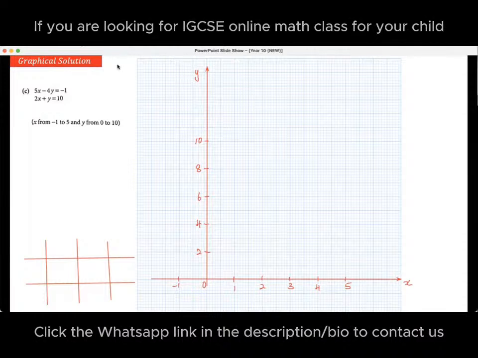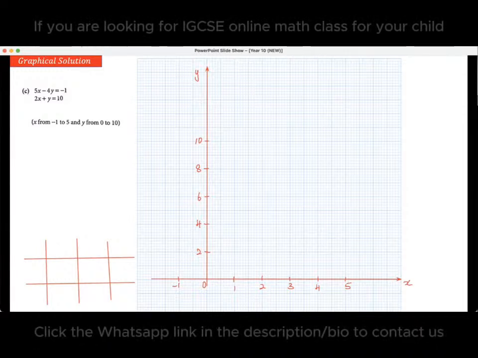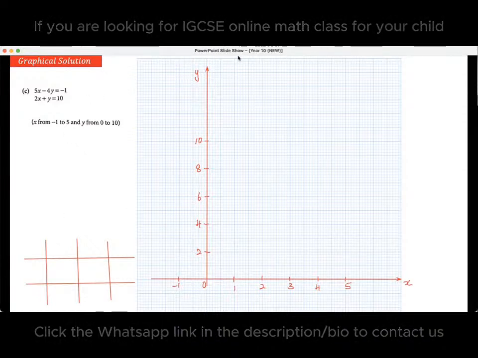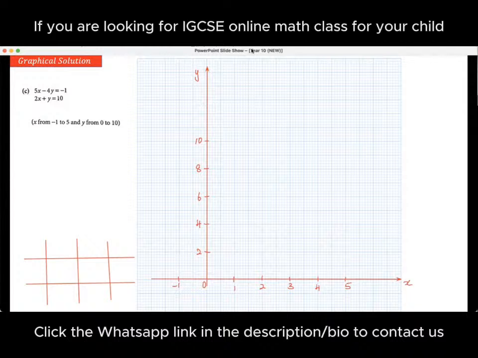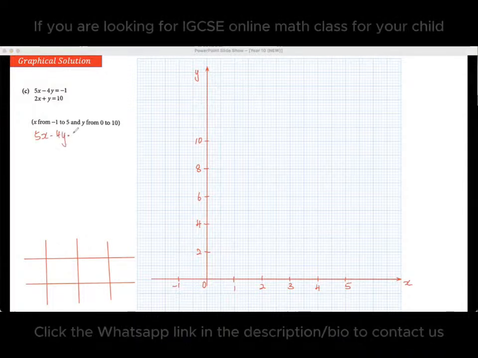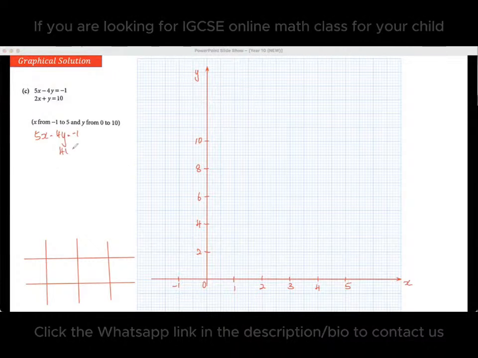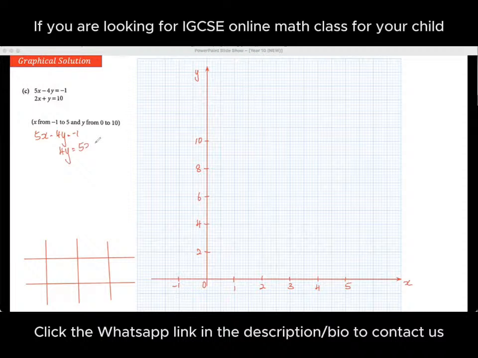Okay, done. Okay, so let's see. You check whether you can get the same answer as mine. So again, this 5x minus 4y equals -1. If I rearrange it, it'll be 4y equals 5x plus 1.